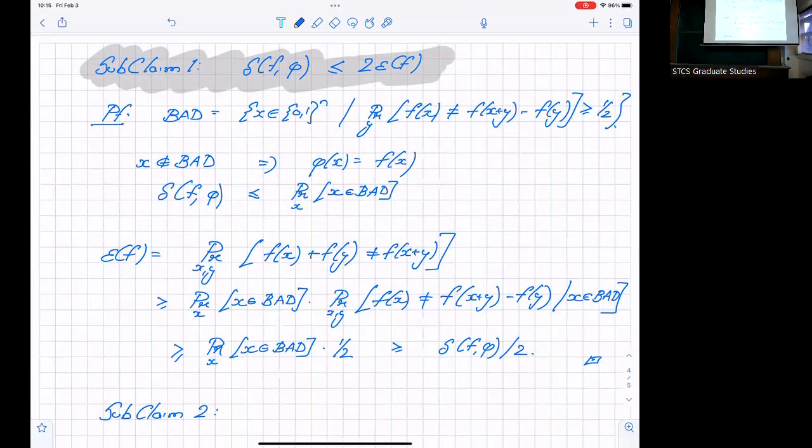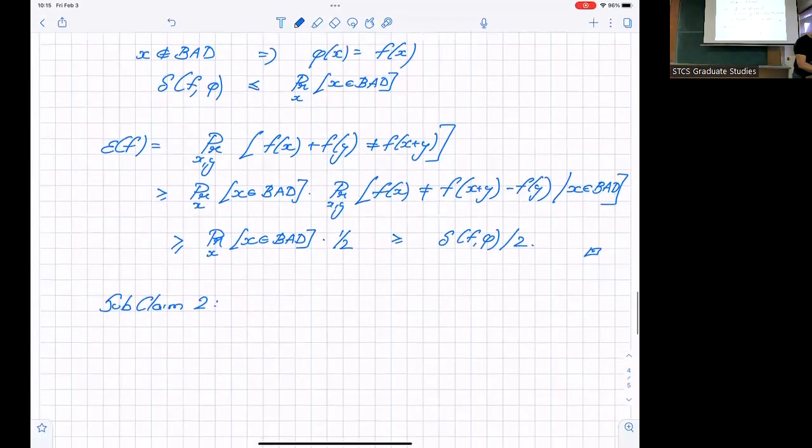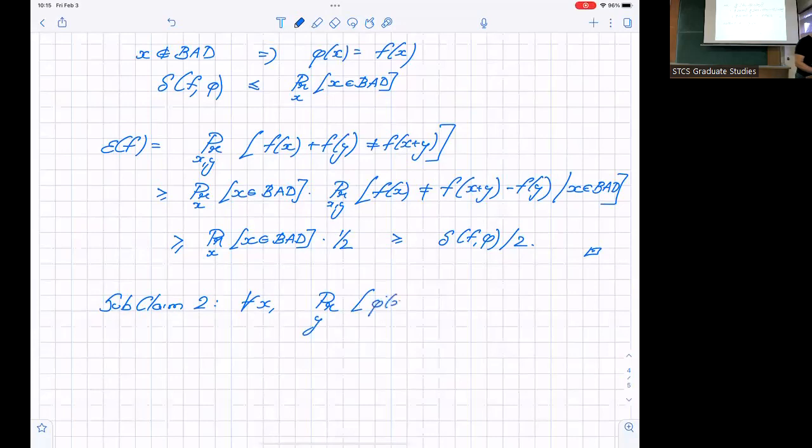I want to claim it's not just the majority value, it's the overwhelming majority. For all x, the probability over y that phi of x is equal to f of x plus y minus f of y is greater than 2/3.